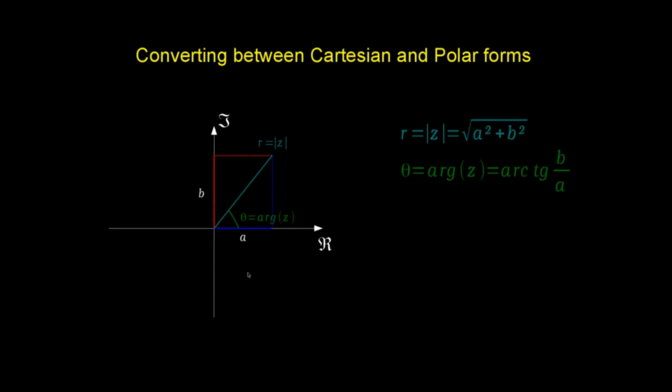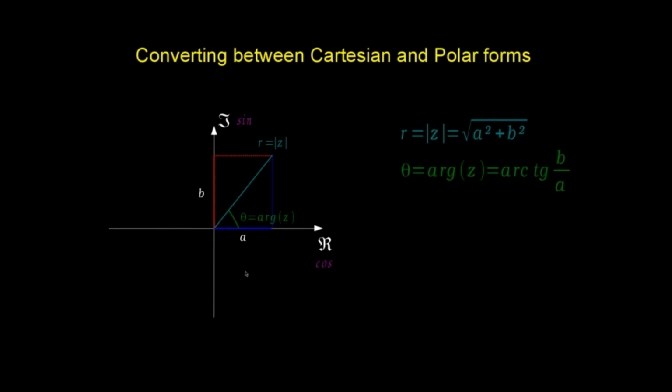On the other hand, if we have the modulus of our complex number and we also know this angle, and we want to find the values of a and b, let's remember something from trigonometry. In the trigonometric circle, in the horizontal axis we measure the values of the cosine function, and in the vertical axis we have the sine function.